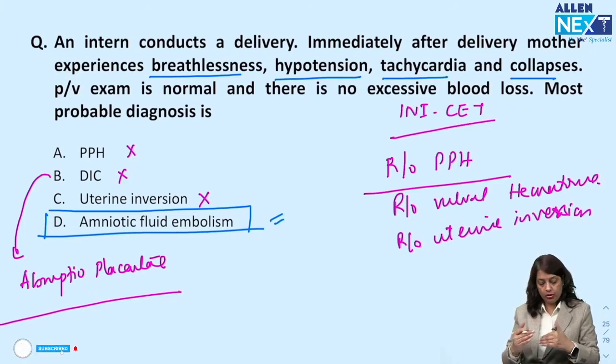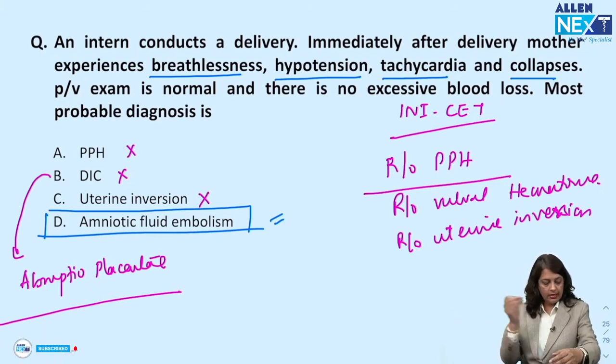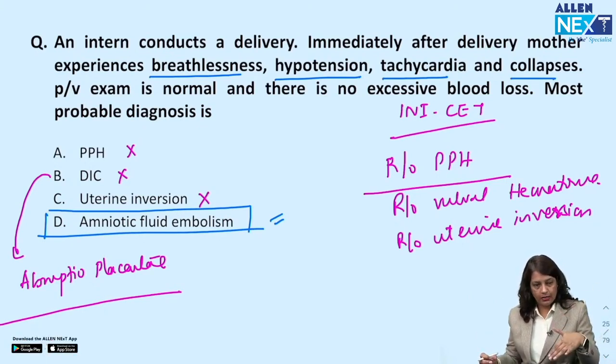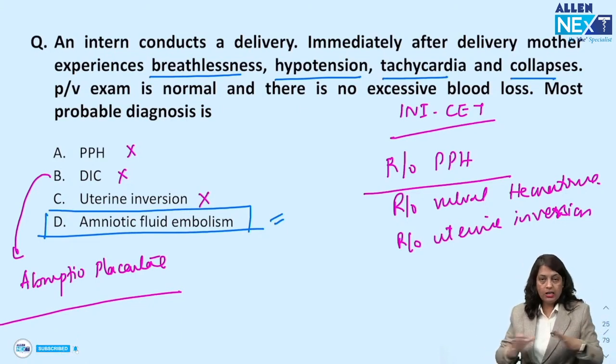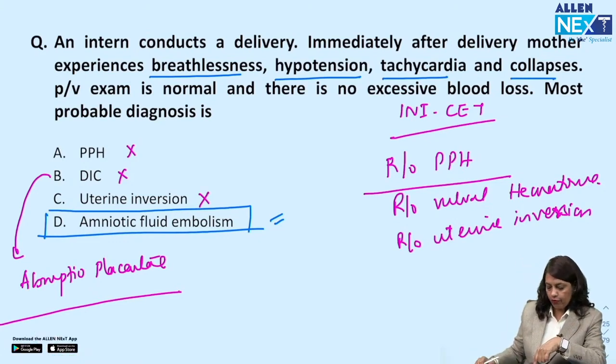You are trying to rule out the causes of PPH, vulval hematoma, uterine inversion, and you're suddenly calling for help. You're putting in an IV cannula, calling the medicine team, calling the anesthetist because the patient needs to be intubated and shifted to the ICU. In spite of all these efforts, the patient is gone. So it is amniotic fluid embolism, and the cause is usually cardiopulmonary arrest.